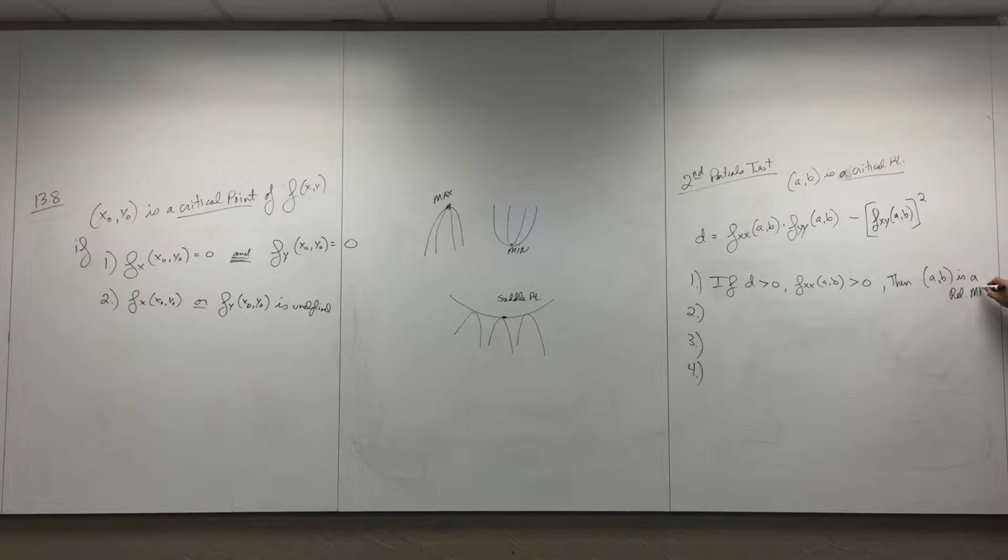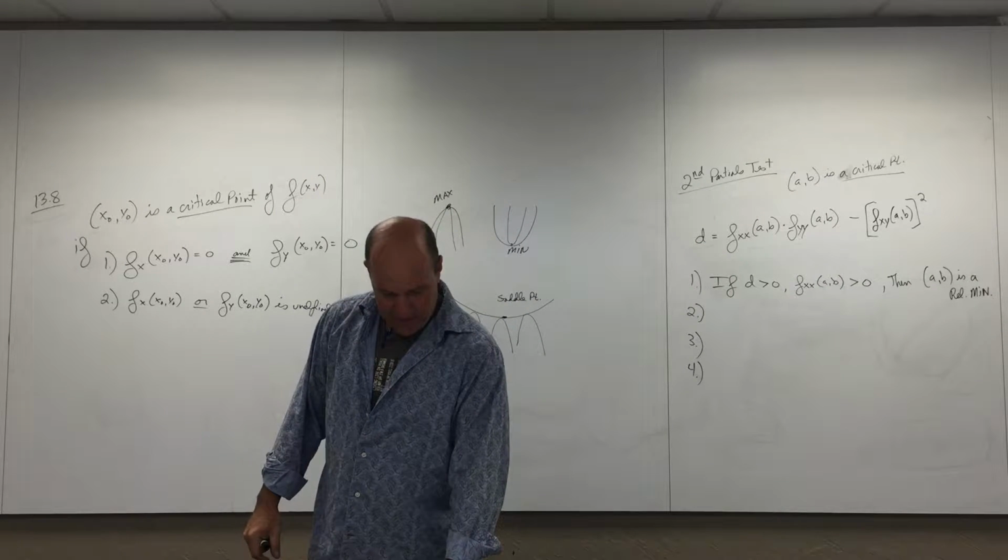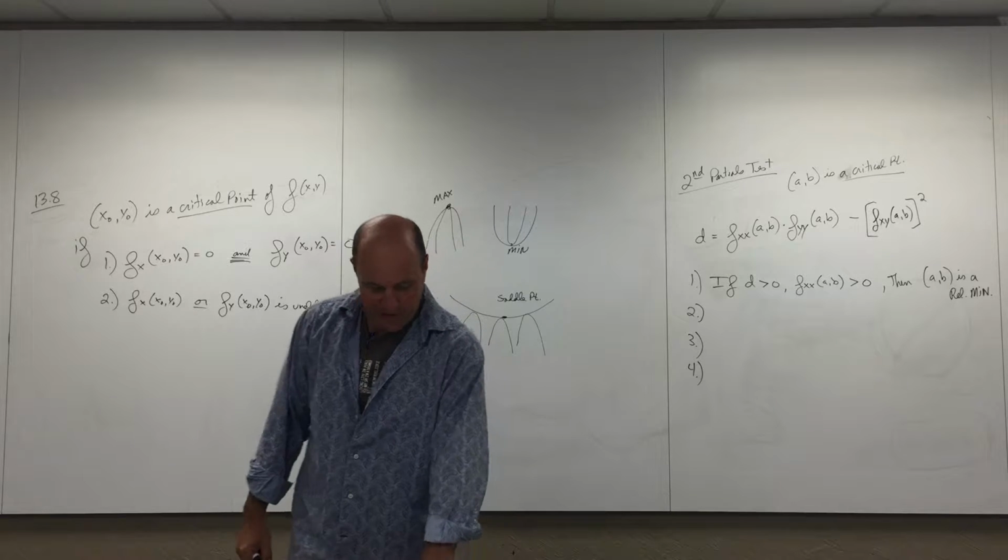Let me just check myself. If D is positive and fxx is positive, then it's a relative min. Right.